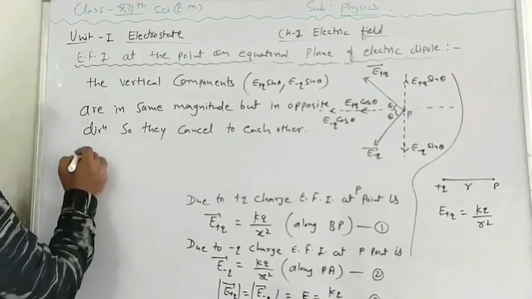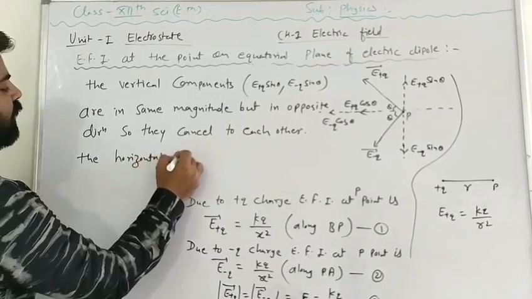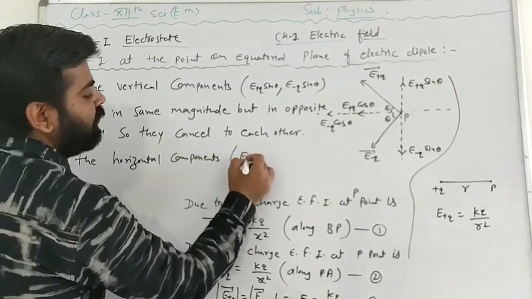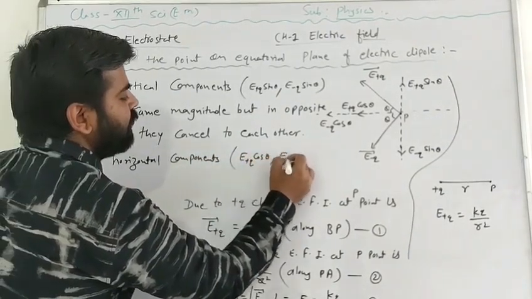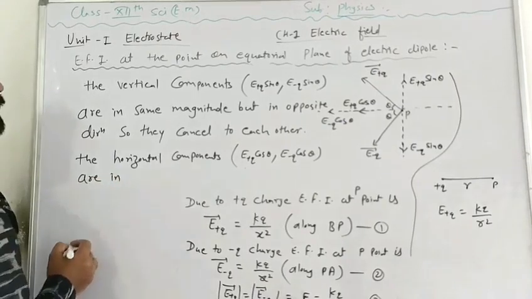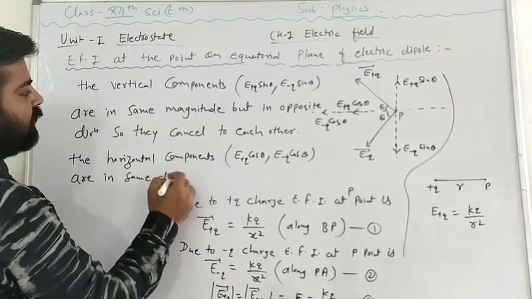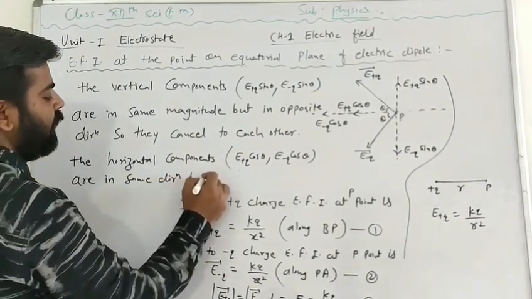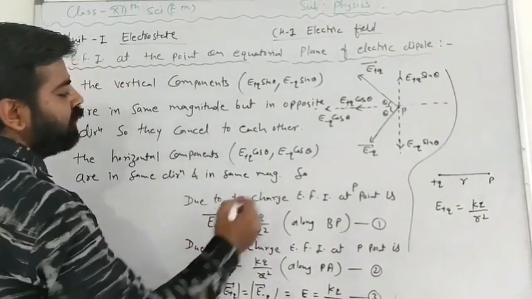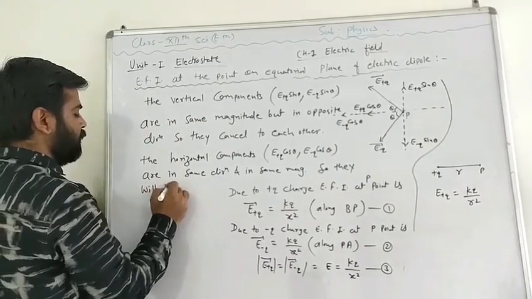On the other side, the horizontal components, which are E plus q cos theta and E minus q cos theta, are in same direction and same magnitude, so they will add up.